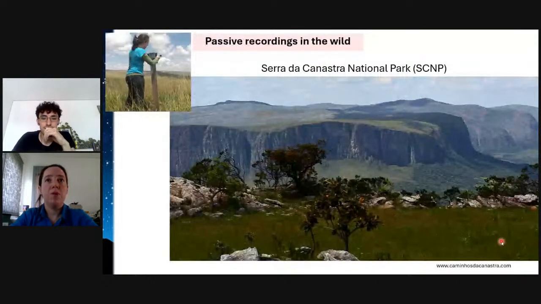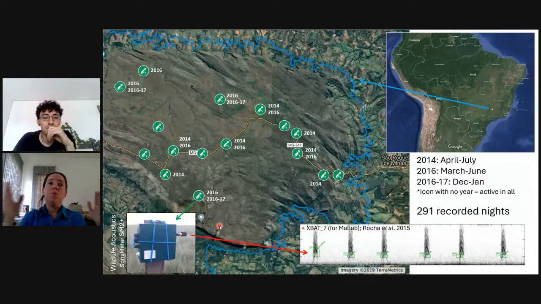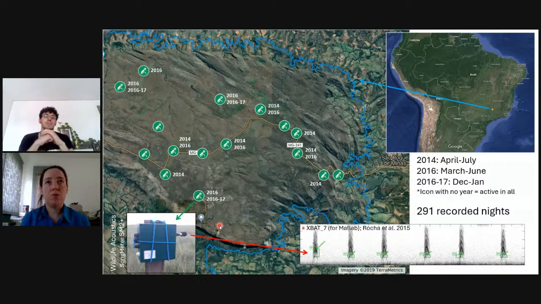So we went to the Serra da Canastra National Park, and we installed a bunch of autonomous recorders. Those are equipment that you place in the field and you program it to record. It may be continuously, it may be, in our case, only at night, and so on.